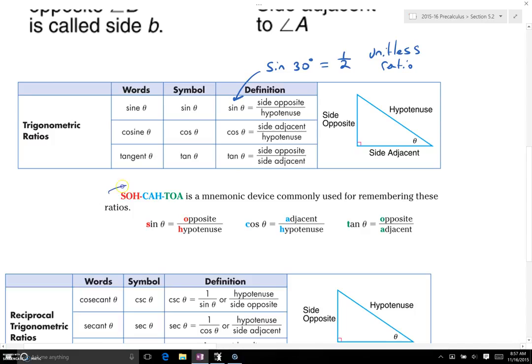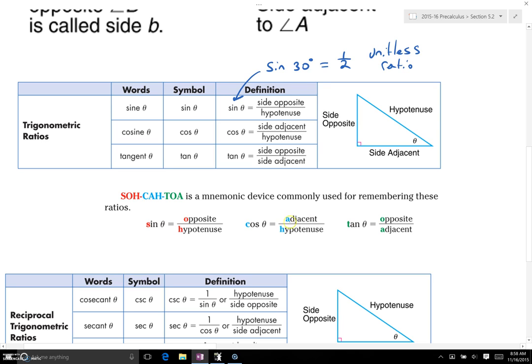The mnemonic SOHCAHTOA is very useful in remembering what the ratios are for sine, cosine, and tangent. So sine of theta, in this case theta being this angle here in the triangle, is the opposite side over the hypotenuse. So here the side opposite this angle is here, and the hypotenuse is over there. So that would be the ratio for sine.